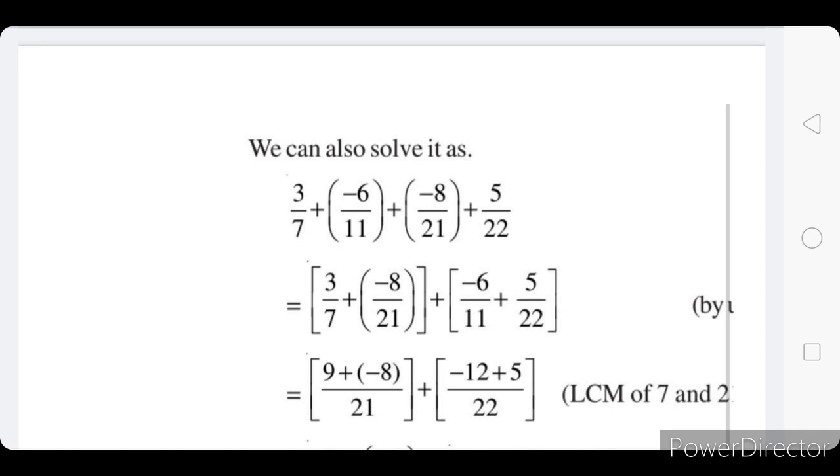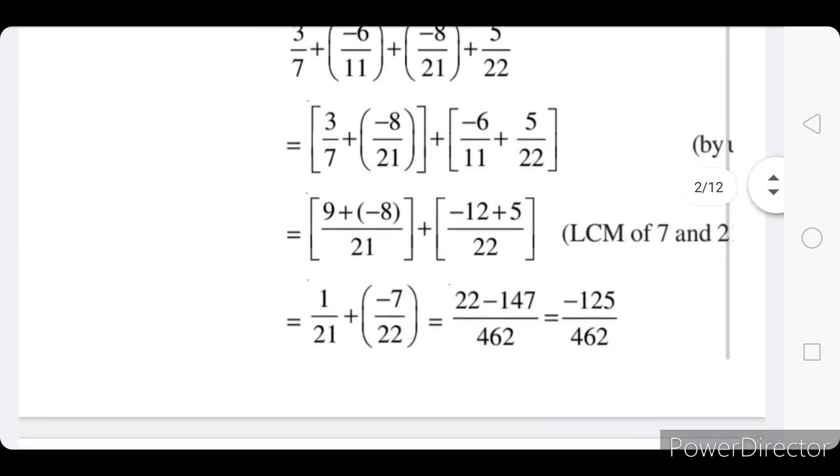Separately we will take the LCM and make the equivalent fractions. 7 times 3 is 21, 3 times 3 is 9, and 21 is as it is, so minus 8 will come. Similarly 11 and 22 LCM is 22, 11 times 2 is 22, 2 times 6 is 12. Similarly it will be 5. Then after solving, 9 minus 8 is 1 upon 21, and minus 12 plus 5 is minus 7 upon 22.